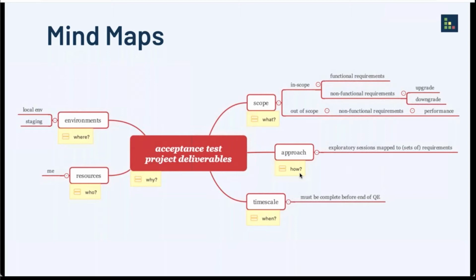And here's a couple of those different sub branches that you might break that scoping area down into, whether it's in scope, and actually a lot of times it's just as important to define what's out of scope. And then as you're getting more in scope, are there functional requirements? Are there non-functional requirements that are more environment related or related to upgrading or downgrading? So this is a helpful place that you can start to sort of map out what you need to be thinking about when you're developing your test plan.